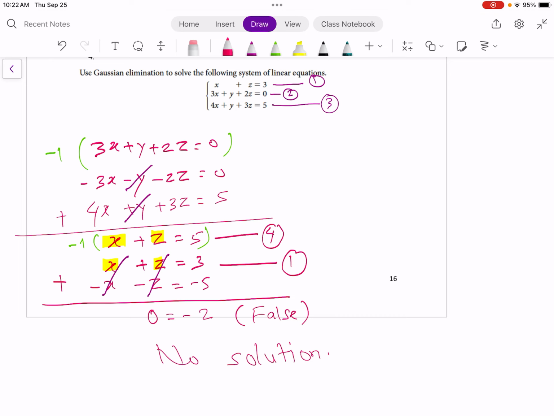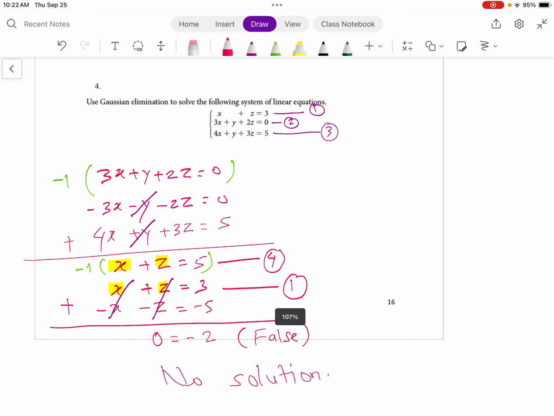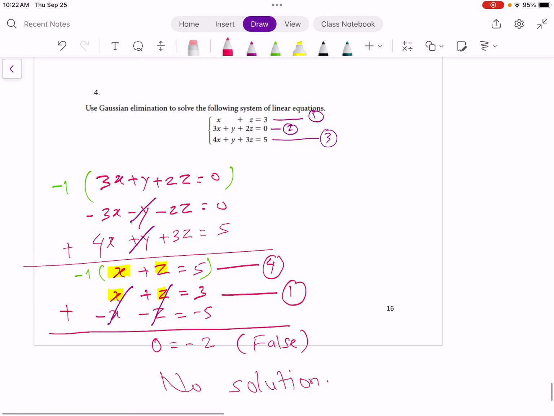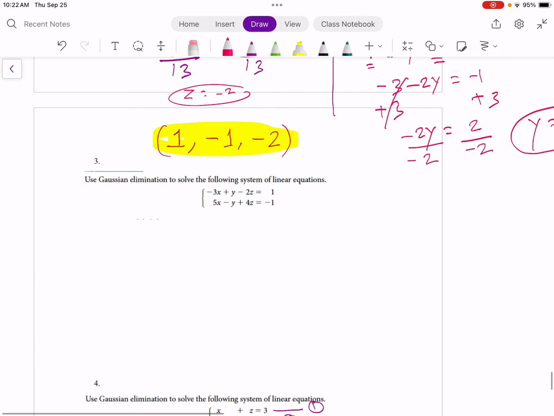Now let's go back to our example 3. Here we have two equations, so we have two planes, and we want to find the solution for this system of linear equations. Which variable is easier to eliminate here?